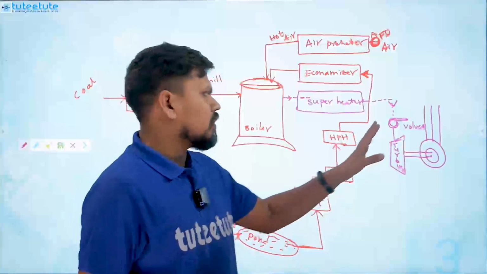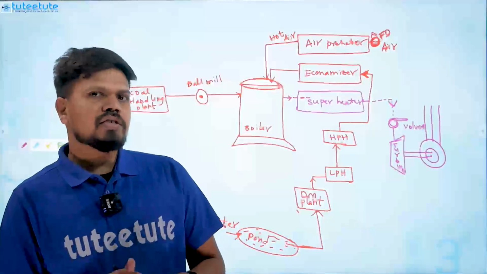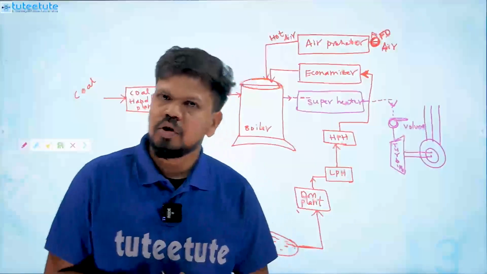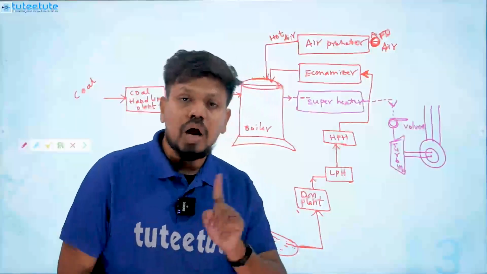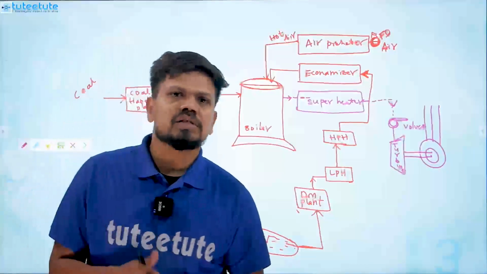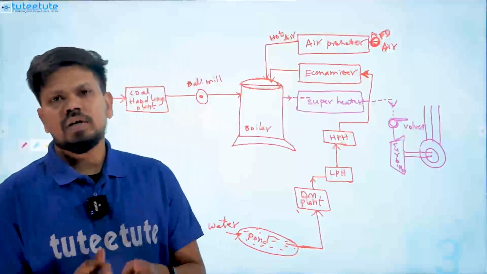Generally three-phase power generation is preferable, and that too AC power. Okay, so AC power only we are generating, not DC every time. You can remember this. That too not single phase, three-phase we are generating. There are many advantages. Instead of generating single phase, we can go for three-phase.